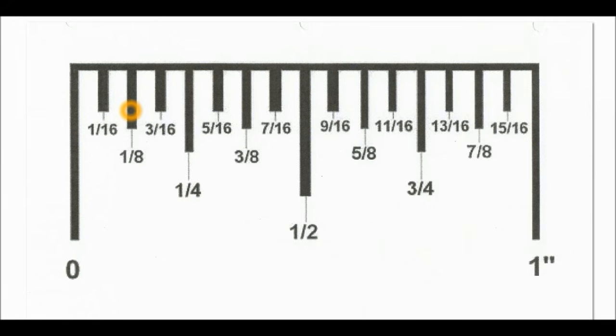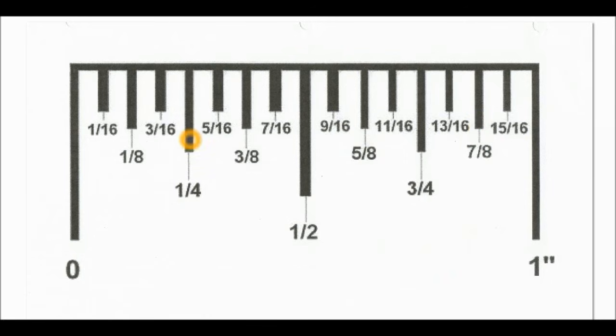Your next longest line would be the eighths. There are fewer eighths within a 1-inch space: 1/8, 3/8, 5/8, and 7/8. You only need to remember that your second shortest lines are going to be your eighths.